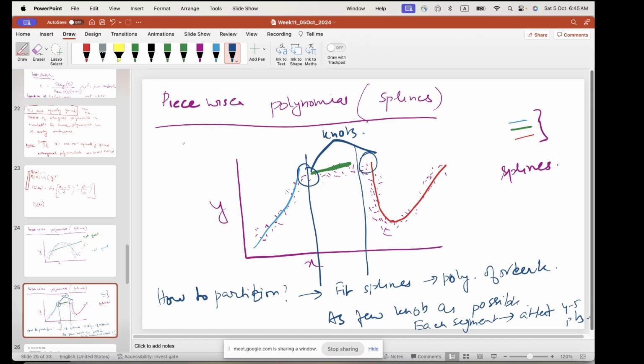This is how we fit piecewise polynomials, or in other words, splines, to our data.